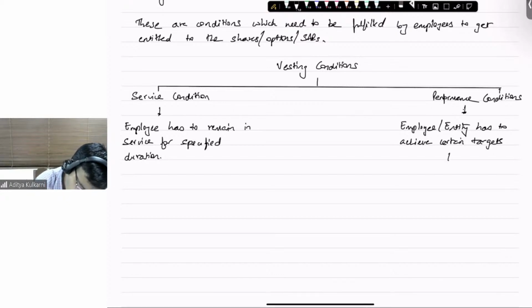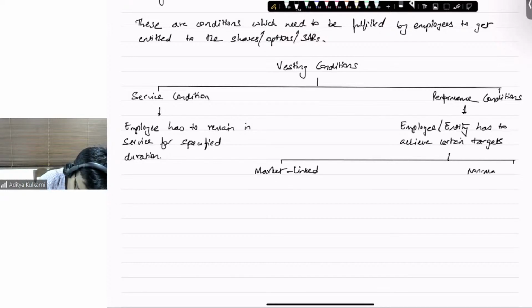So this is again of 2 types. First one is market linked. Second one is non-market linked.